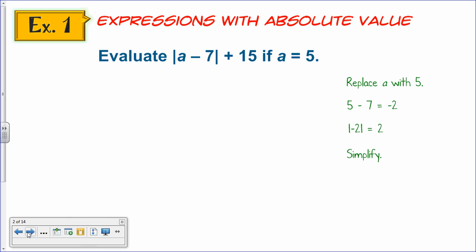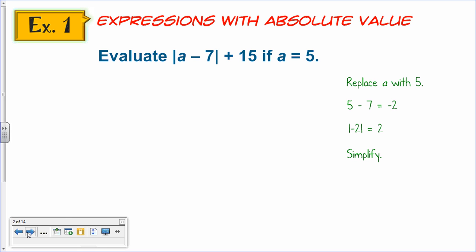How far something is from 0. Distance can't be negative, so distance is always a positive number. If I asked you the absolute value of negative 2, you would tell me 2. The absolute value of 3 is 3. It's always positive.